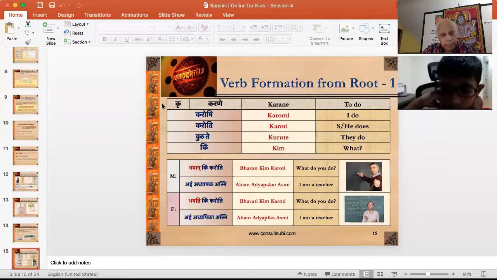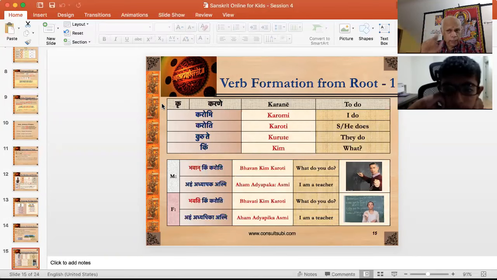In English, the answer is same. I am a teacher. But in Sanskrit, you say aham adhyapika asmi. You see the difference? Bhavan, bhavati. Adhyapaka, adhyapika. The difference in gender. So the answers also are different, like the questions. But in English, you have the same question, what do you do? Answer is the same, I am a teacher.